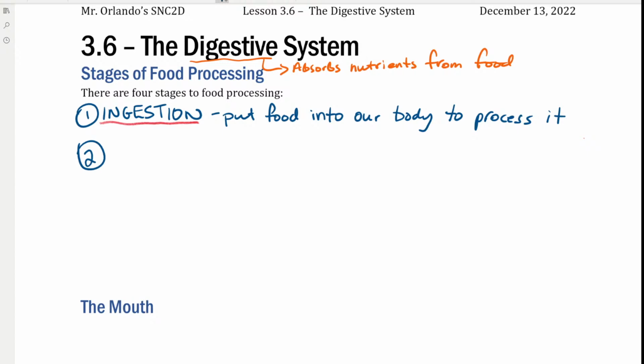And all of this is part of a process where we're taking big pieces of food, sometimes very big pieces of food, sometimes big solid pieces of food, and turning them into smaller pieces of food. And does anyone know what that process is called? Very good. Digestion.